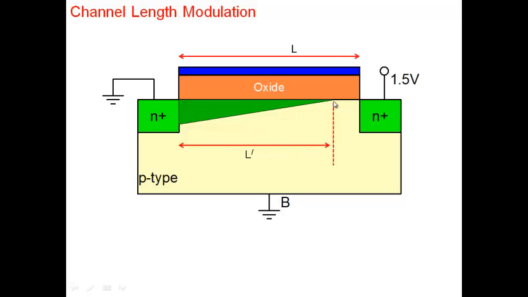Inversion charge exists here. And after that is all pinched off region, a very high resistance region. This is where my channel has been removed. So my effective channel length is what we call L dash. And L dash gradually becomes smaller and smaller. As I apply even higher voltage here, my pinch off point will further move into the semiconductor, and my L dash will become a little bit smaller again.